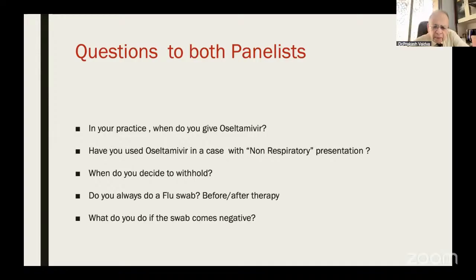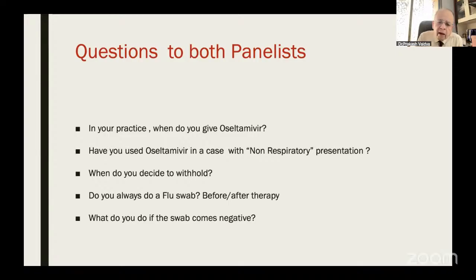So I think the answer depends also on the clinical setting of the child. If the child is very sick and you don't want to take a chance, and you always have the doubt whether the swab was sent properly or not, probably you may continue. But the WHO guidelines tell you that if the swab comes negative, do not continue oseltamivir. But I think the clinician has to take a decision on a case by case basis.